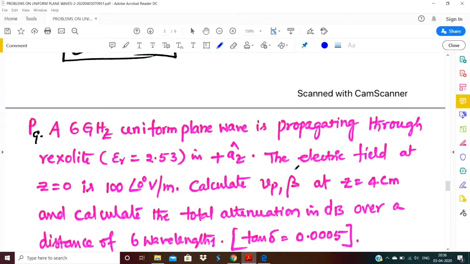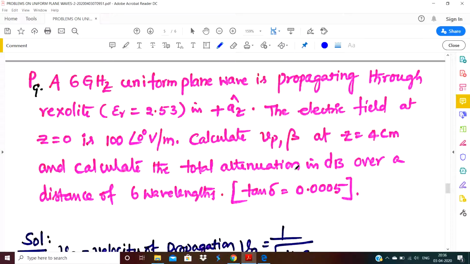Next one, this is a very important problem. I'm saying that based on previous question papers, how many times they asked this at UG level. So we have to concentrate more. A 6 gigahertz uniform plane wave is propagating through rexolite, a dielectric medium with relative permittivity 2.53, in the positive z direction.